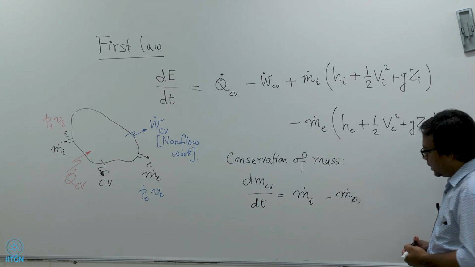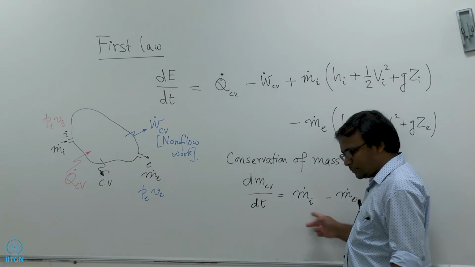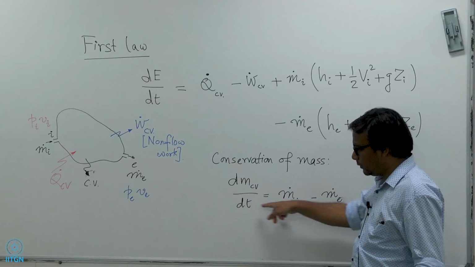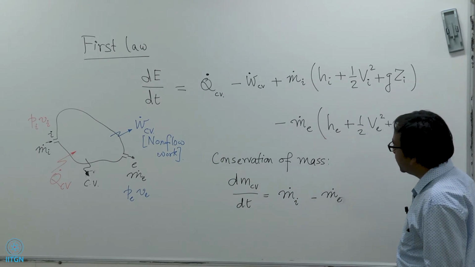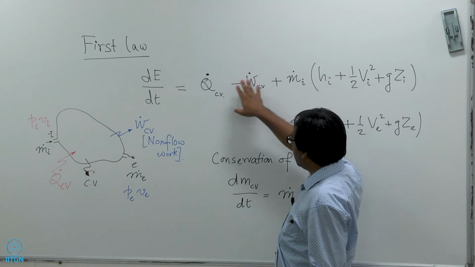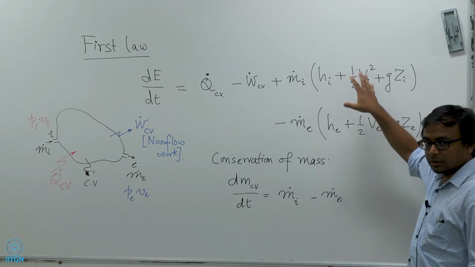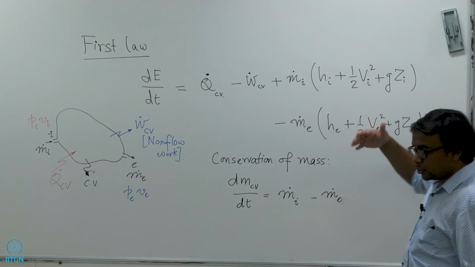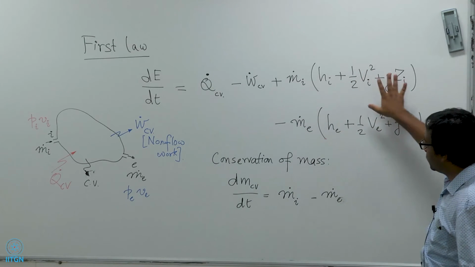This is pretty simple, and remember that these all have units of kg per second, and these are all rates. So, these are all units of kilowatts or watts, or joule per second or kilojoule per second, all of these. Okay.